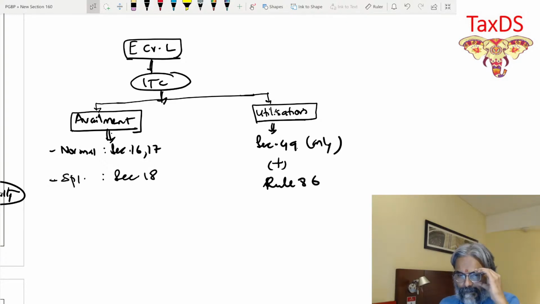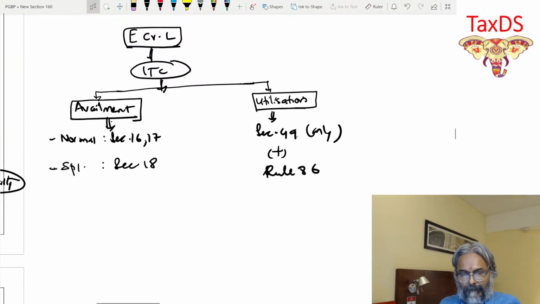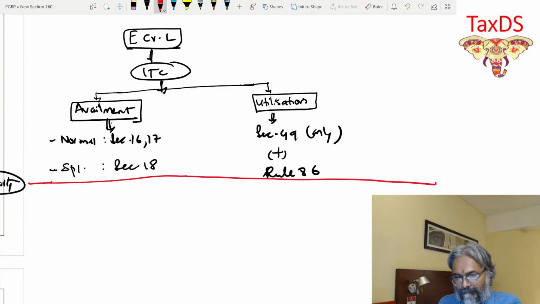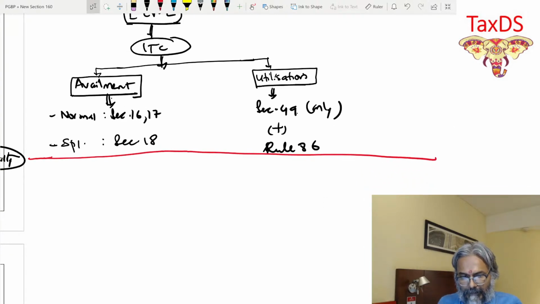So this is how things have to be looked upon. Now, in this context, let's look at the point-wise scenario. The electronic credit ledger in this context is a record of what?